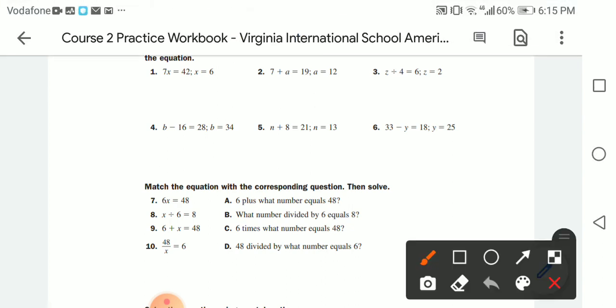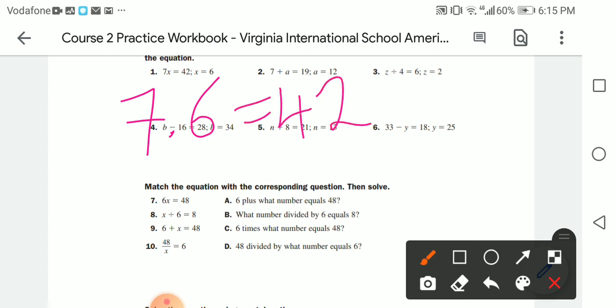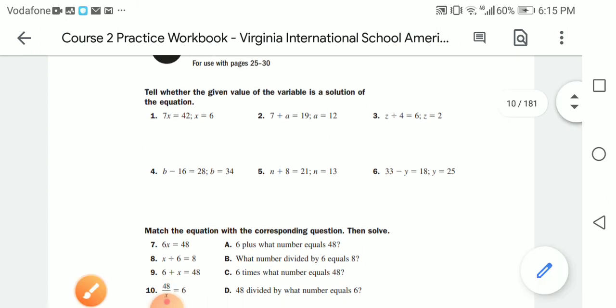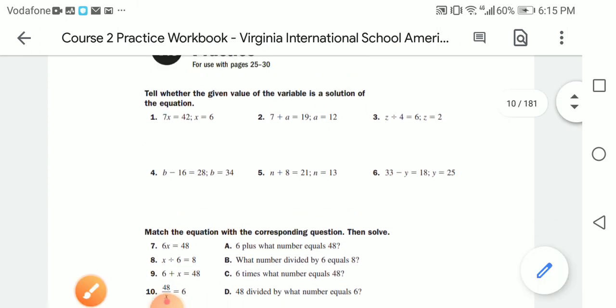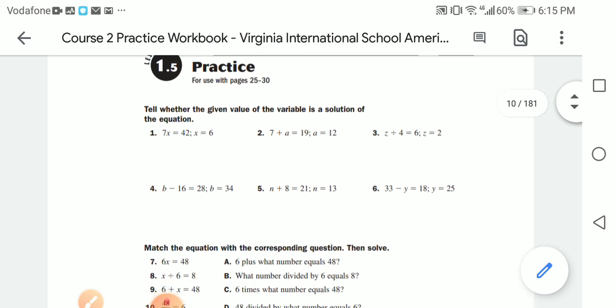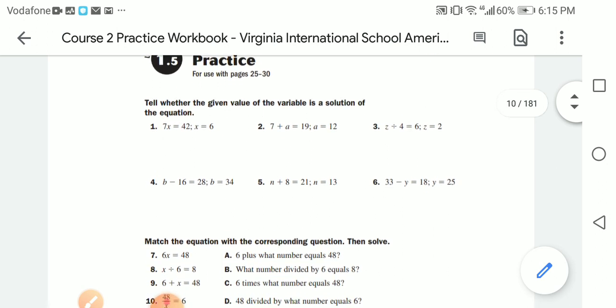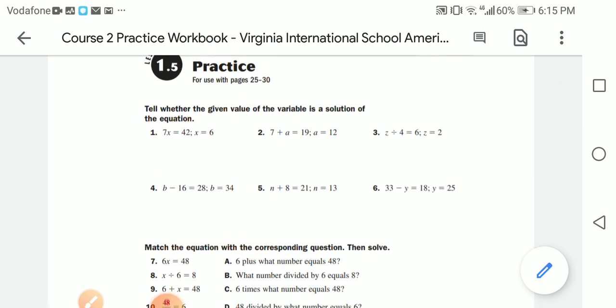So what should I write here? 7x equals 42, so I will substitute 6 for x. 7 times x equals 42, right? So the question was what? Tell whether the given value of the variable is a solution or not. So here I have 7 times 6 equals 42. So the answer is true.